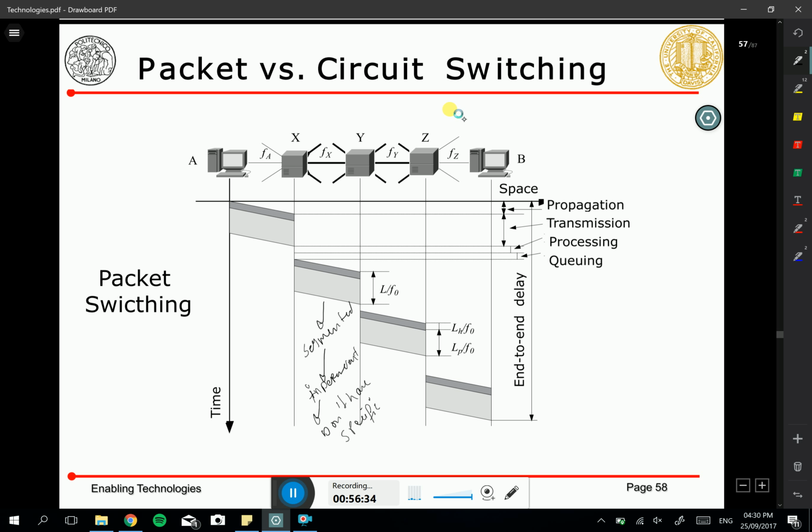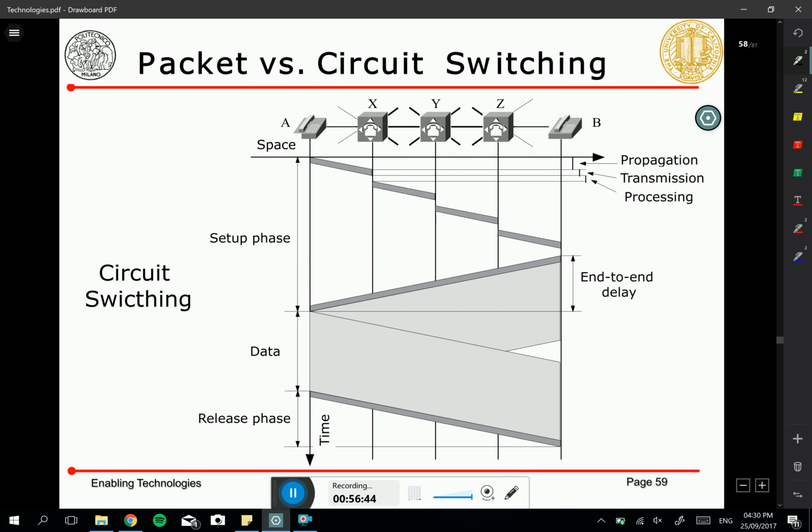In circuit switching, what happens is the information is not segmented, but you identify a pipe from the source to the destination, which is reserved to that connection from the beginning to the end of the communication. When I was doing phone calls on grandma's phone at home, I was taking the phone, dialing the number.